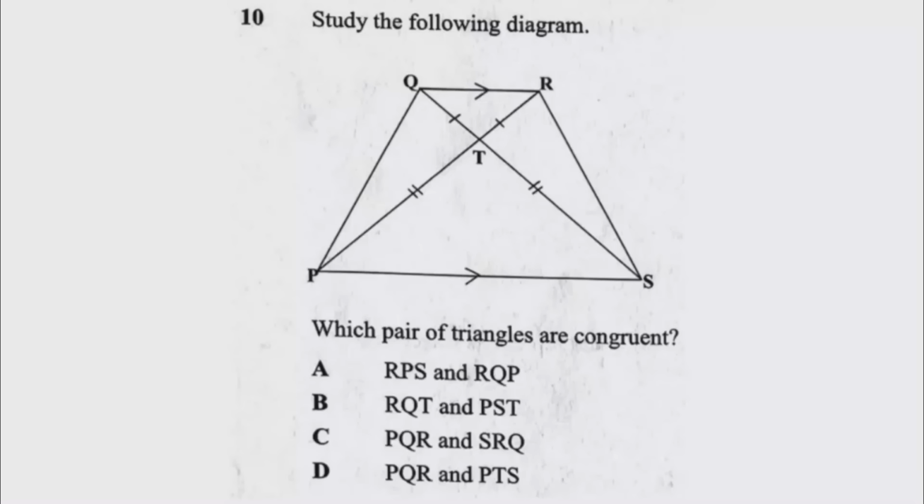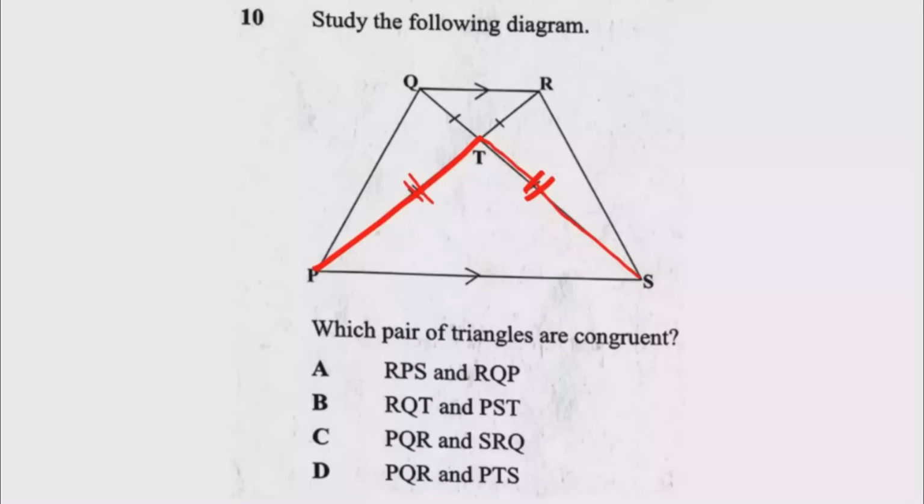Okay, so after we have studied, we can notice that this line, which is ST, is equal to the line PT, as you can see from these two dotted lines that are indicated.